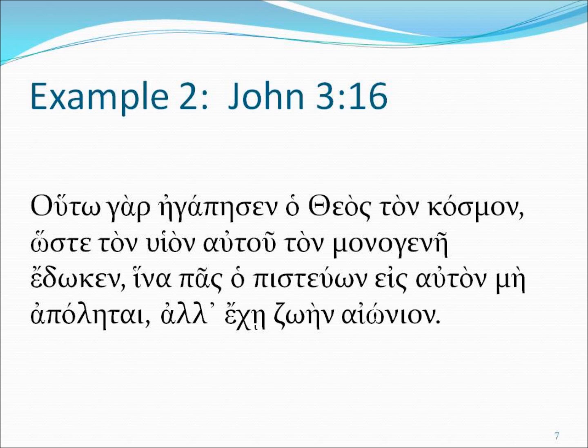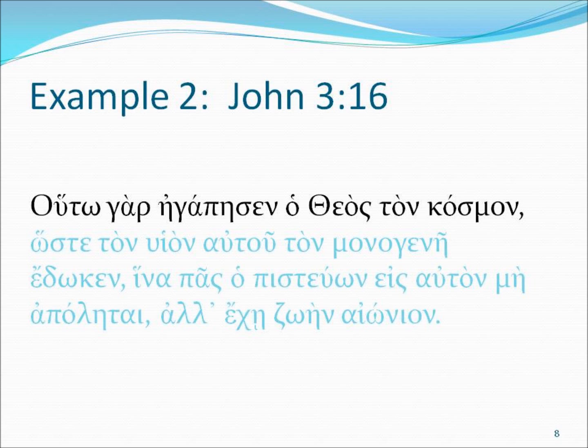I'll read off the entire verse, and then, like before, we'll focus on the clusters. Houto gar ēgapēsen ho theos ton kosmon. Hoste ton huion autou ton monogenē edōken. Hina pas ho pisteuōn eis auton mē apolētai all' echē zōēn aiōnion.